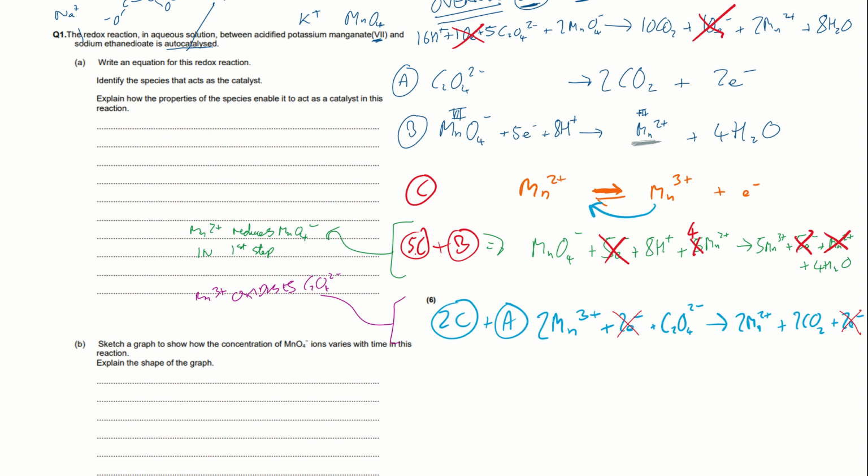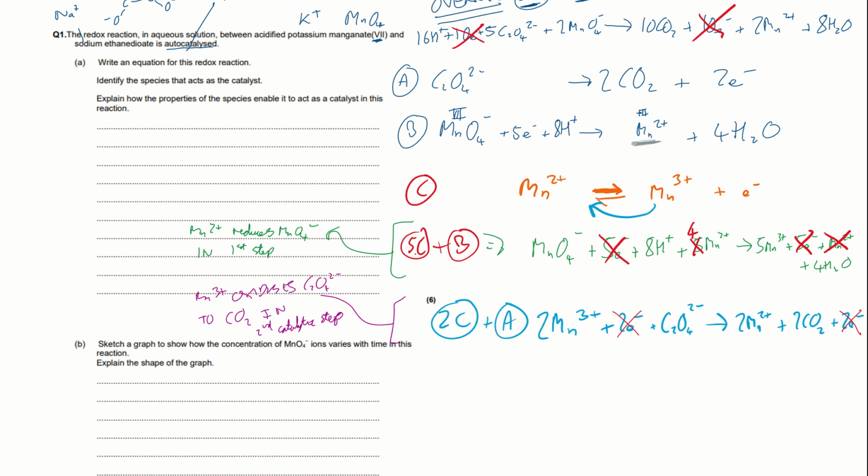Where was it? Mn3+ oxidizes C2O4 2- to 2 CO2 in the second catalytic step. And this is what reforms the catalyst. So, explain how the properties of the species enable it to catalyze the reaction.